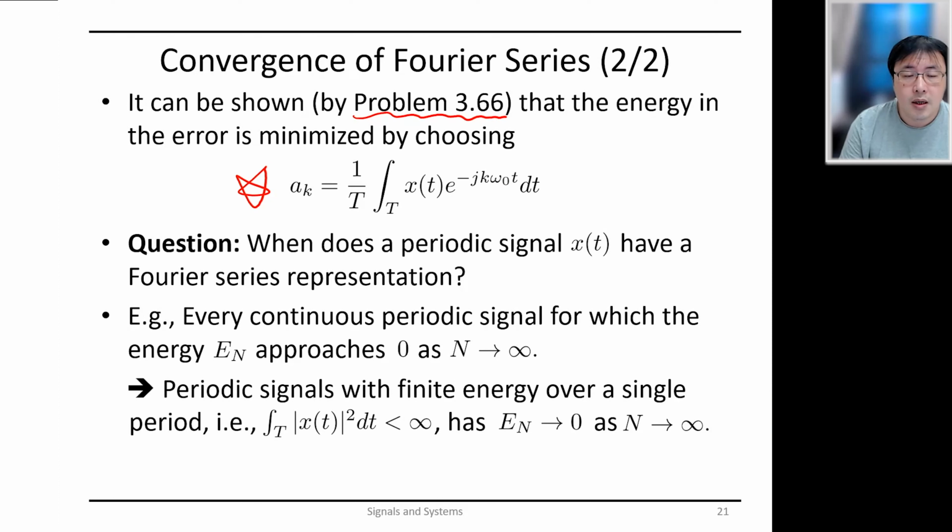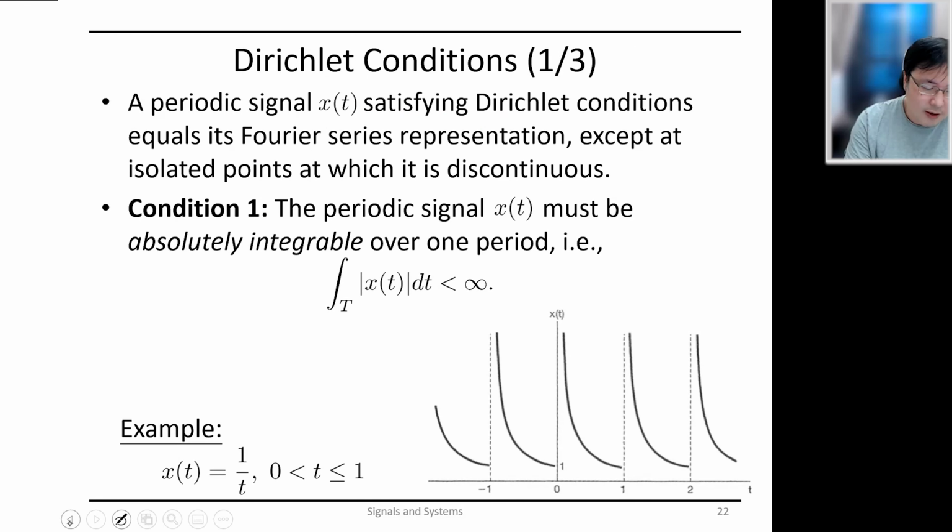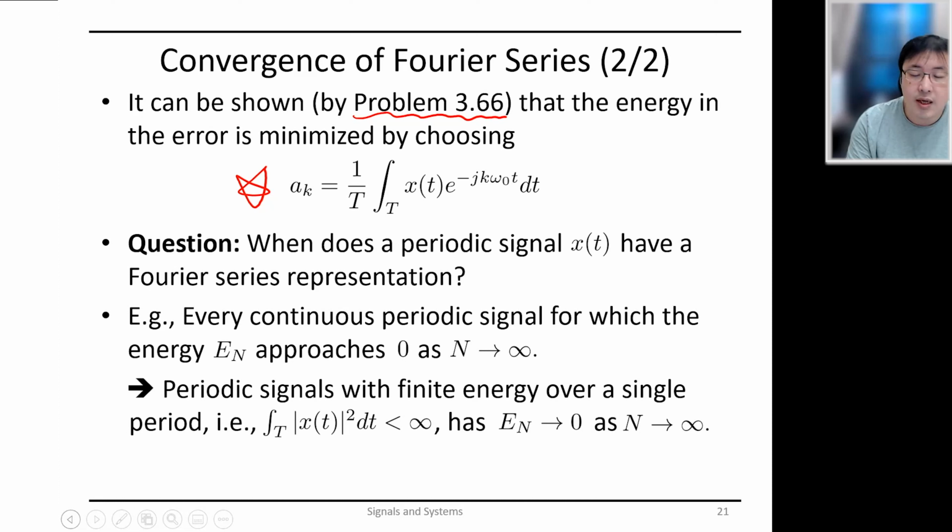Okay? So then if you can show that this energy of the error approaches zero as capital N goes to infinity, then there would exist a Fourier series representation for this periodic signal x of t.